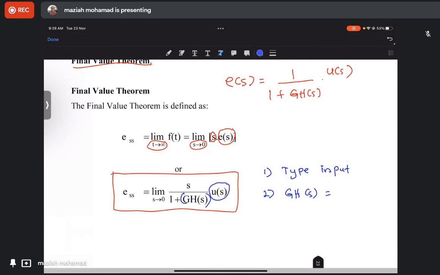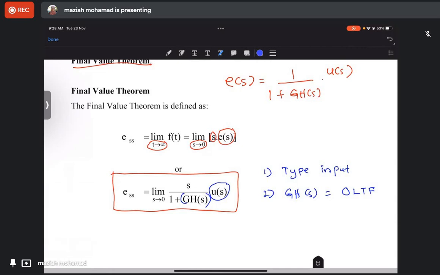This is equal to the open loop transfer function. GHS is considered as the open loop transfer function, or sometimes we have KGHS. So the steady state error will also depend on the class of the open loop transfer function.